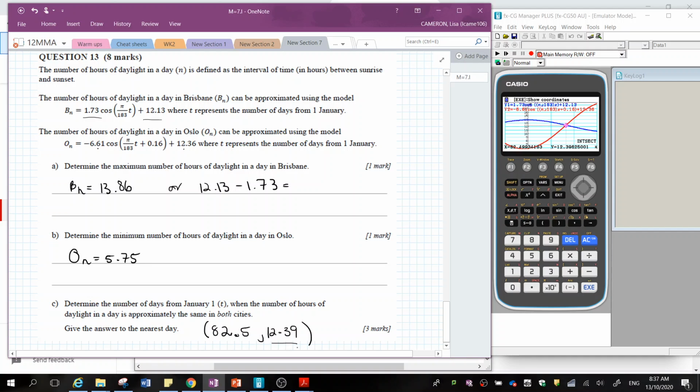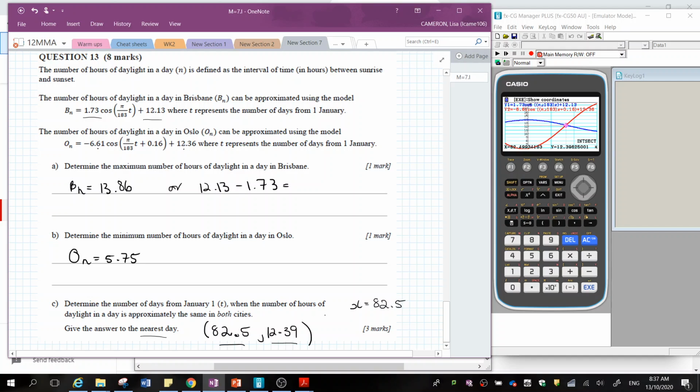So we have to think about what we actually want. The daylight is the same when the day goes for 12.39 hours, but that happens at 82.5 days. So the answer for this is when x is equal to 82.5. Now the other thing that it says here is give your answer to the nearest day.